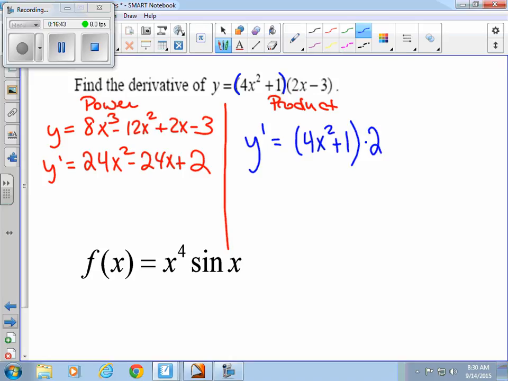So, derivative of the right is 2. Does everyone agree? Plus right times the derivative of the left. Yes.